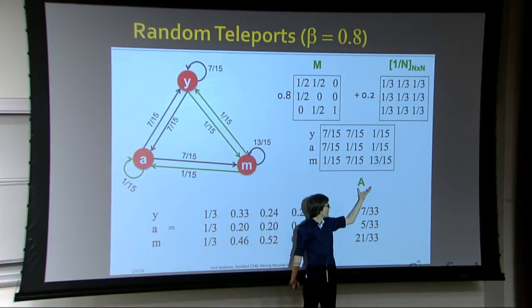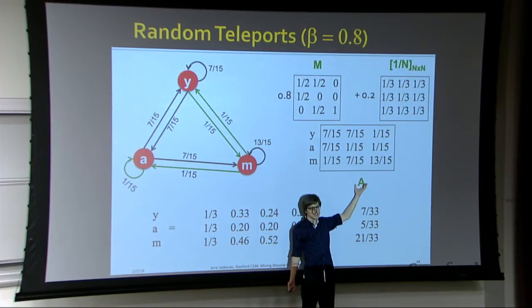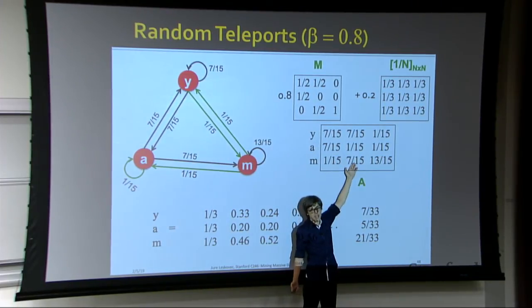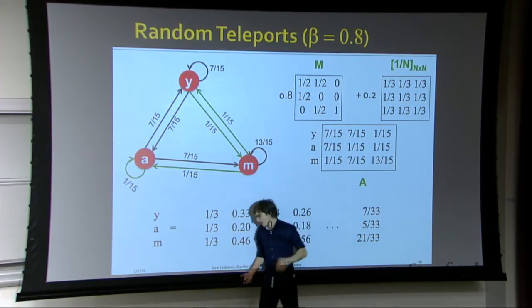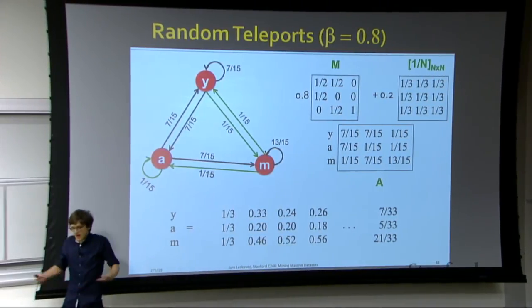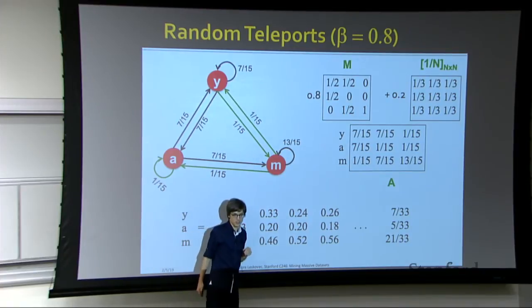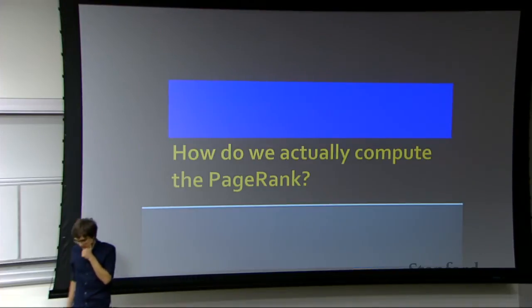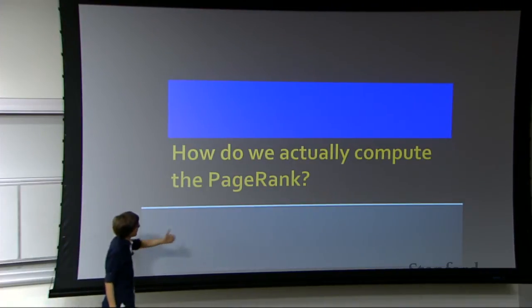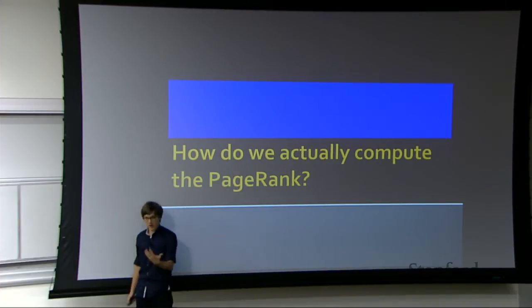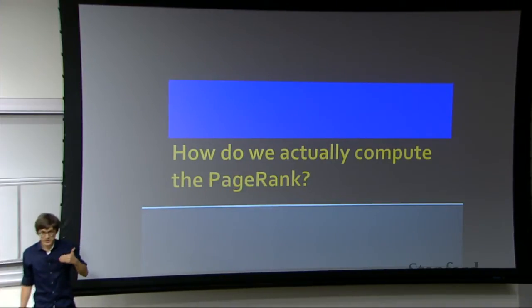The point is, we never want to materialize this matrix A because it's dense. For any graph that is non-trivial in size, I cannot even materialize A so that I could run power iteration on it. So we have to do something else. What we will do is talk about how I actually go and compute this thing. So far, we just developed the math.